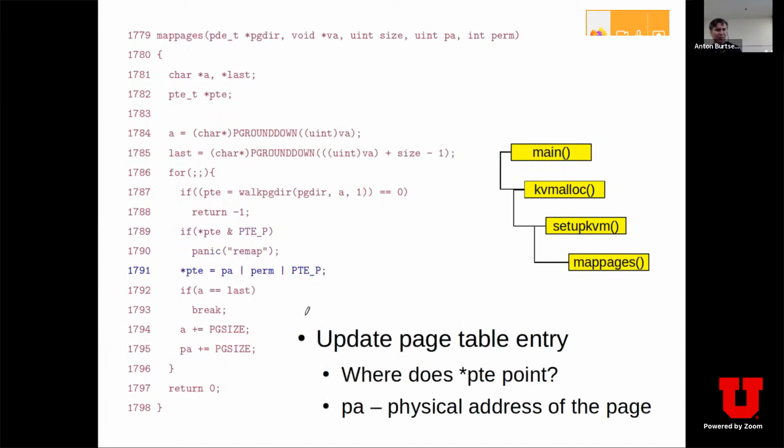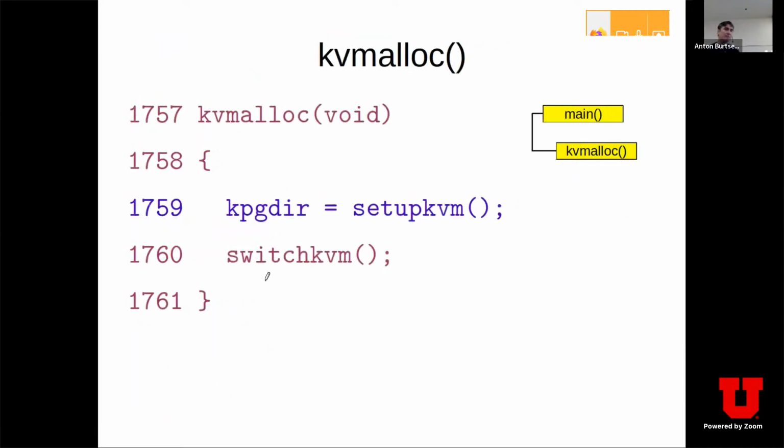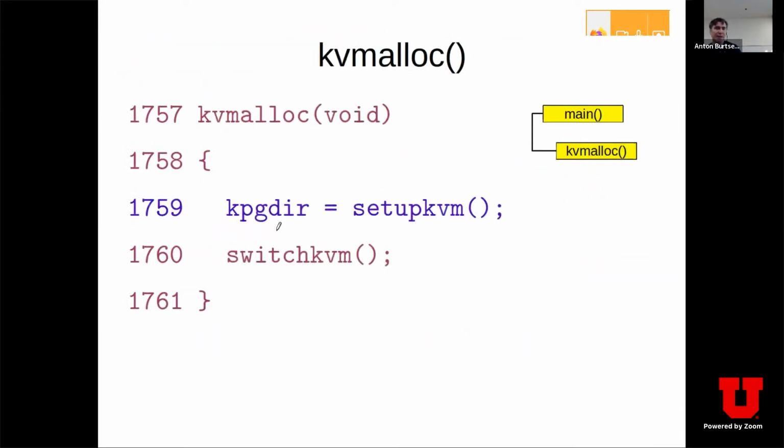We already discussed it. Then we go to the next page by incrementing each address, virtual and physical, by the page size. When we're done with that loop, remember, map pages was called in a loop, we get the new page table. It's ready for us to use.